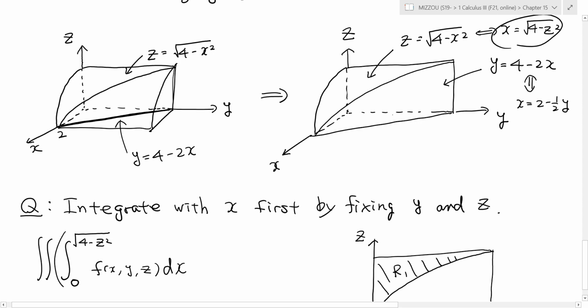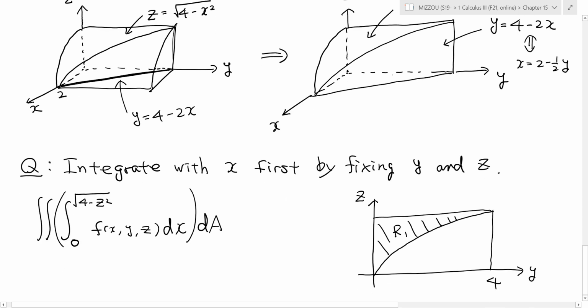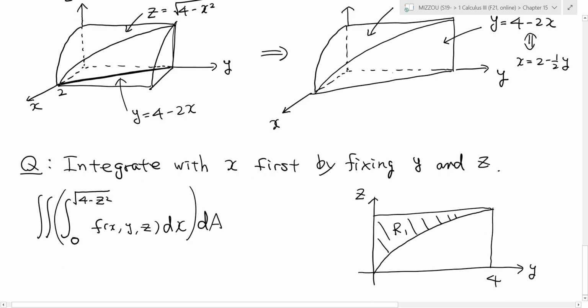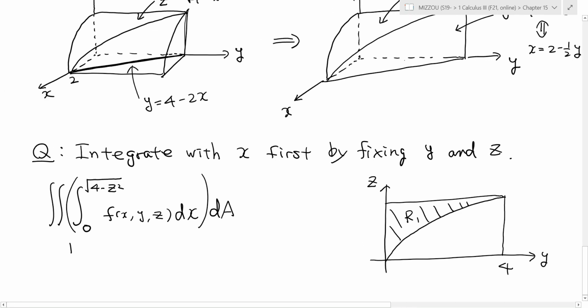And then you double integrate whatever you are left with over the shadow of the solid. As long as you are on this R1 region, the shadow is R1.